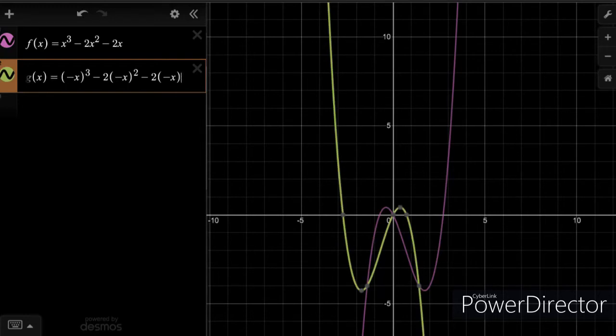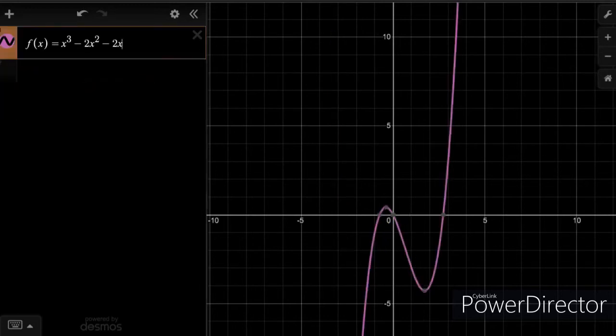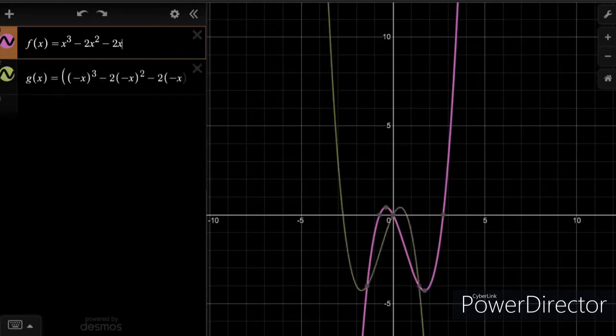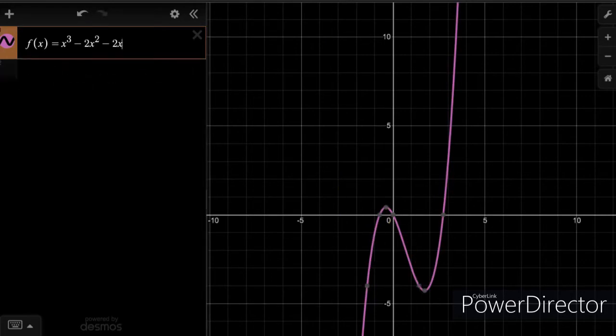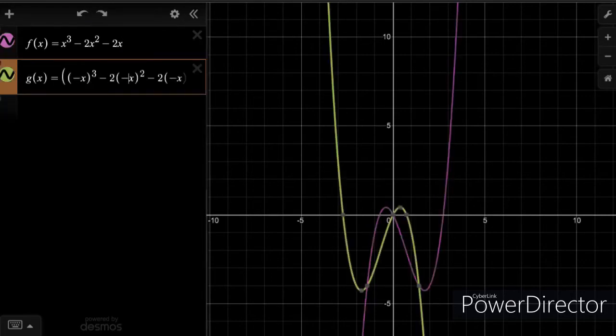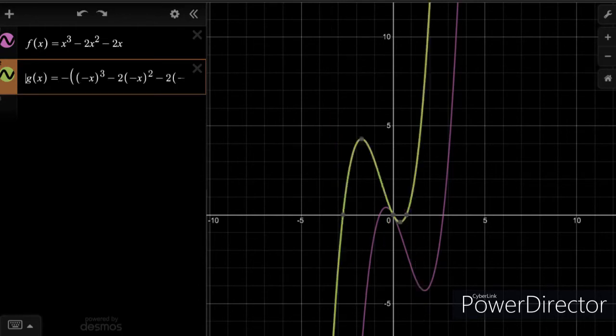And if we wanted to flip it over both the x and y axes, well, we've already flipped it over the y-axis. To flip it over the x-axis as well, I would just put a negative out front. So I put a negative out front, and there you have it.